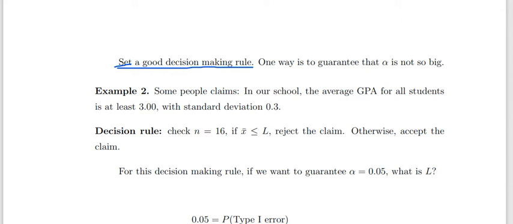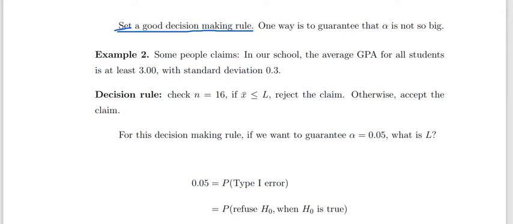Good means we want to guarantee that when we apply your decision-making law, the alpha will not be so big. Let's look at the same problem. Some people claim the average GPA for all students is 3.00 or at least 3.00, with a standard deviation 0.3.